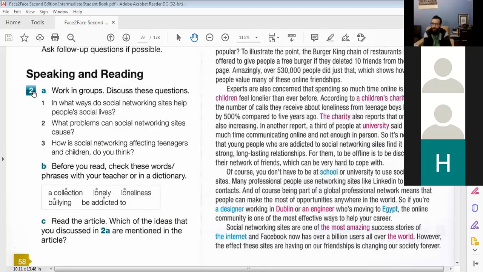Yeah, maybe for people who live in other countries, abroad from their country, they can contact their families in easy ways. And it's cheaper than the normal calls, maybe.